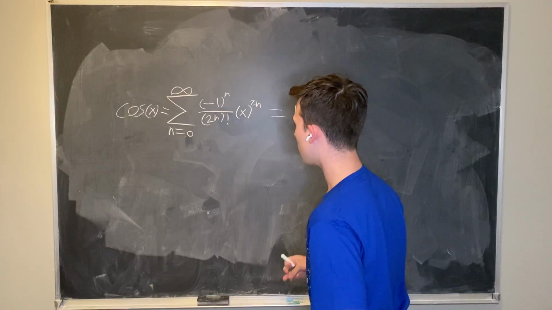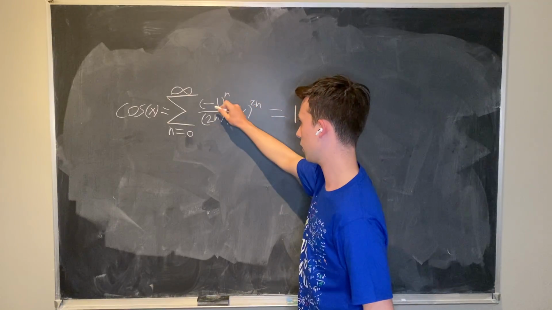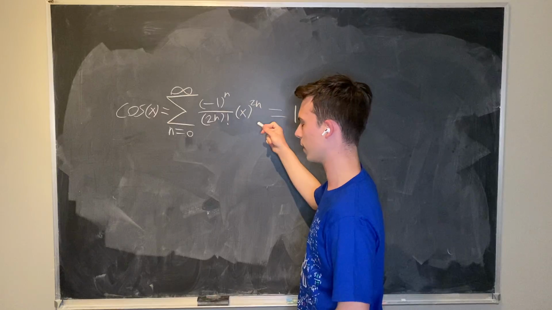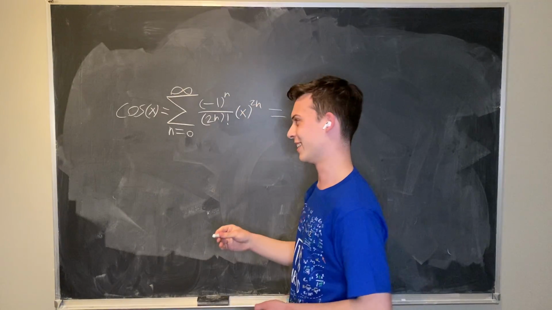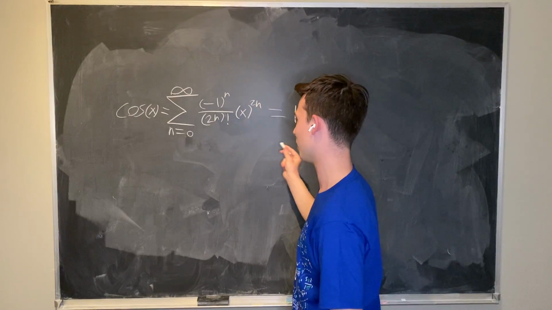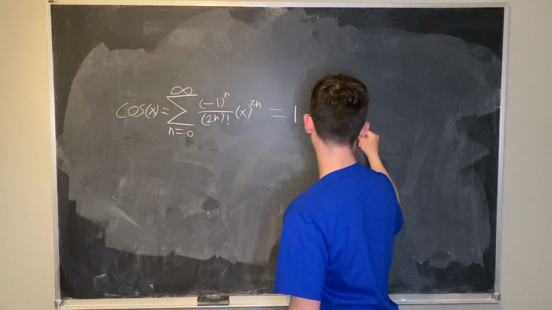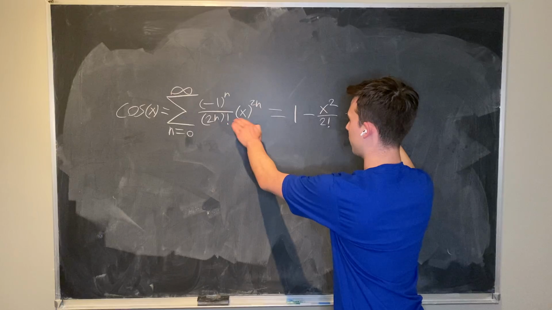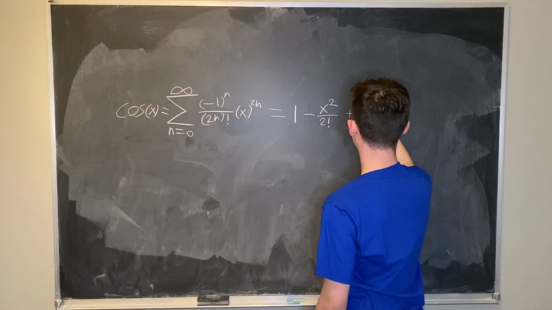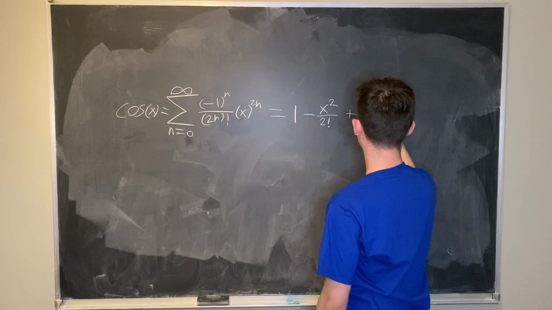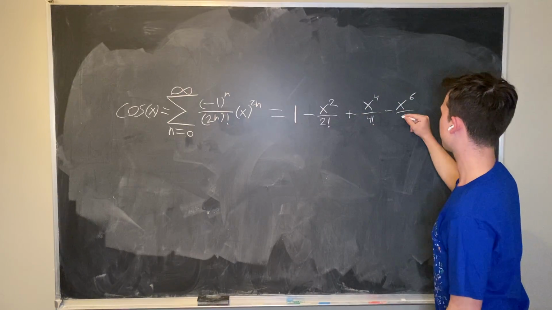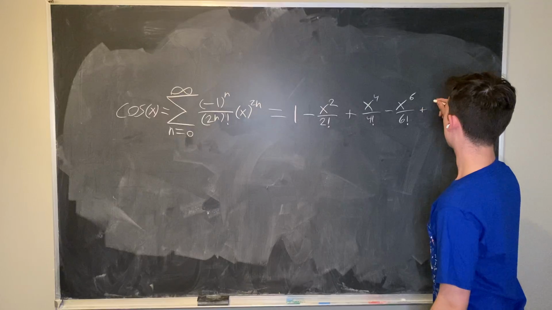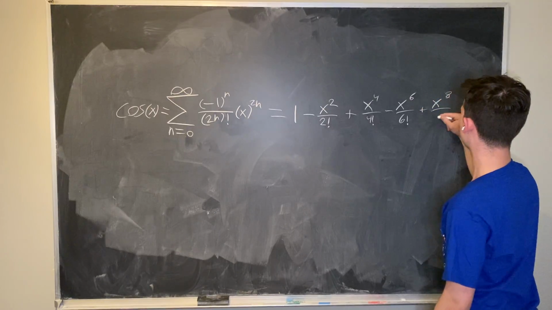Then for n equals 2, -1 to the second power is 1, over 4 factorial times x to the 4th, so plus x to the 4th over 4 factorial, and then negative x to the 6th over 6 factorial, following the pattern, and so on.